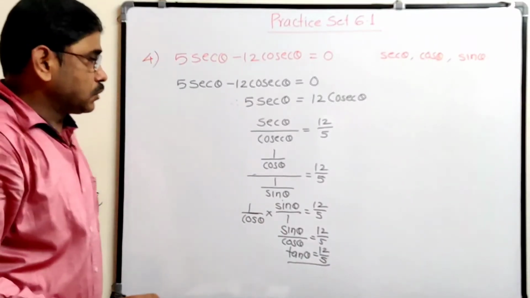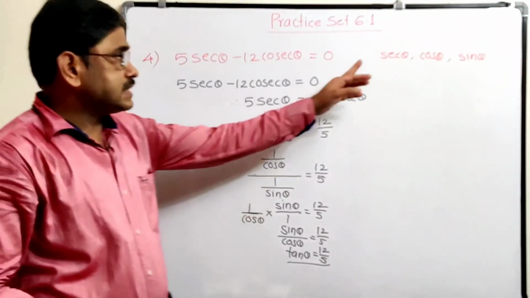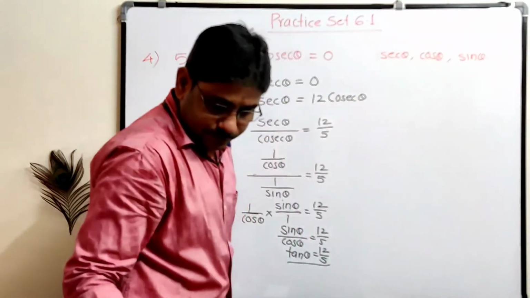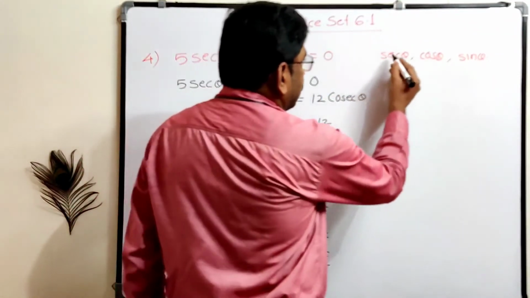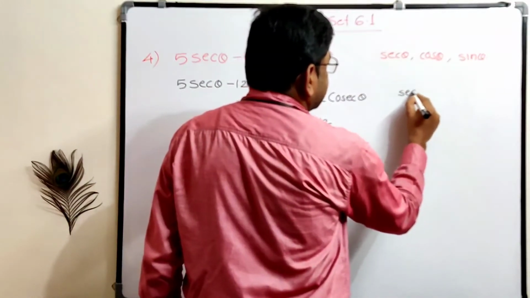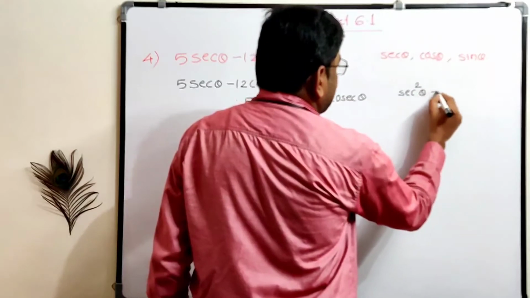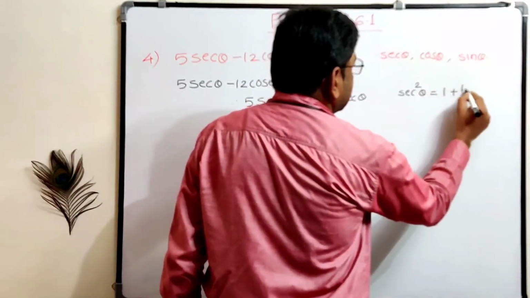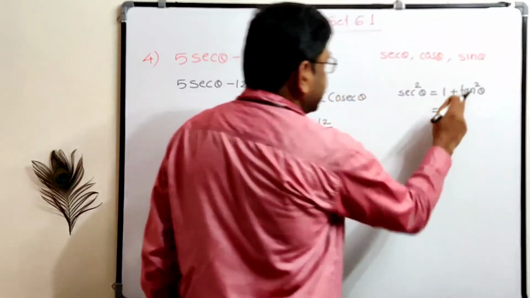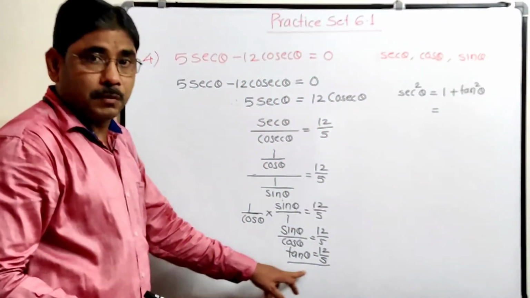Tan theta is equal to 12 by 5. Now we have to find sec theta, cos theta and sin theta. We have the identity, one identity is there, sec square theta is equal to 1 plus tan square theta. So using this identity, we have the value of tan theta, 12 by 5.